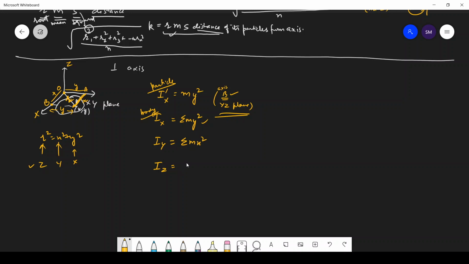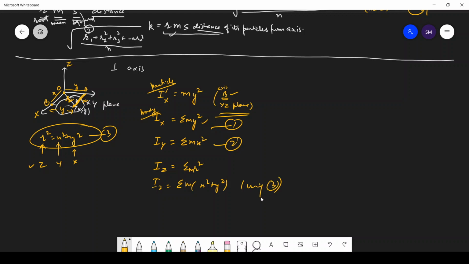So we can write it as sigma m r square. Now put the value of r here. r square is equal to x square plus y square. So this is equation 1 and 2, and this is equation 3. Using 3, Iz is equal to sigma m (x square plus y square), so Iz is equal to sigma m x square plus sigma m y square.